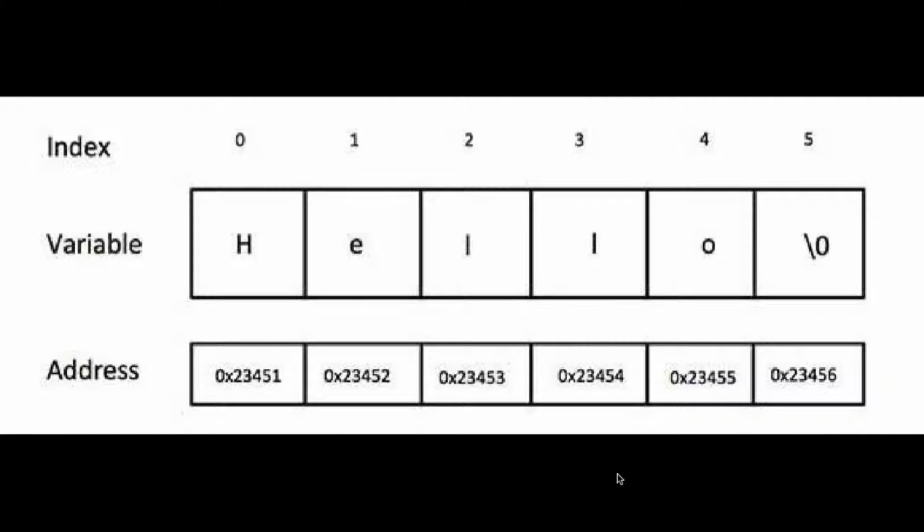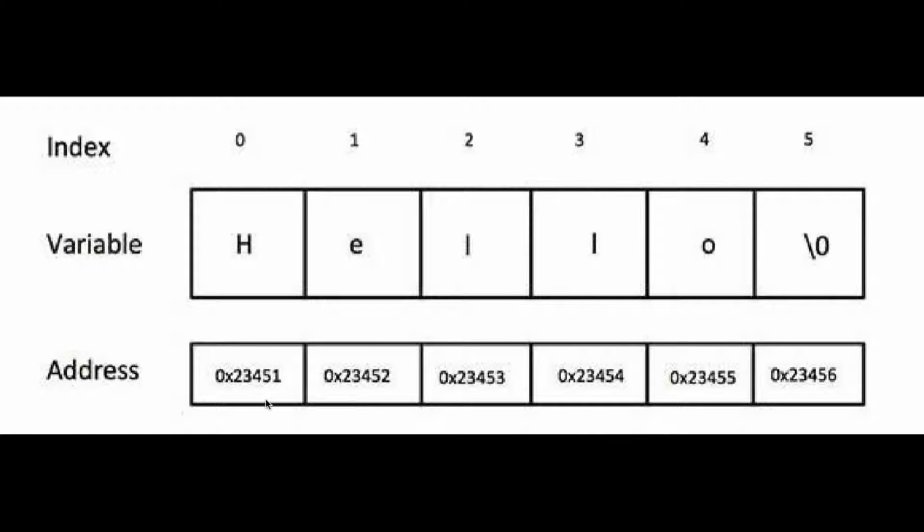As you can see from this image, an array is basically a location in memory where you store a variable. Now, this image here is quite accurate in depicting the structure of the array in memory.